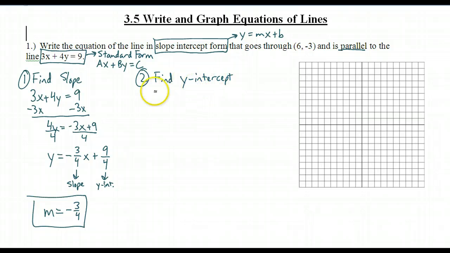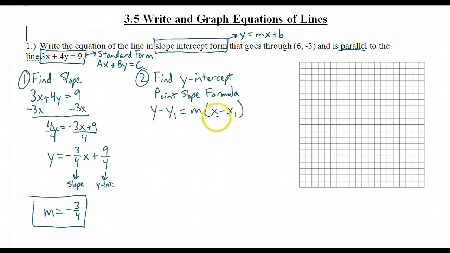One of the ways to find the y-intercept is to use the point-slope formula. The point-slope formula is y minus y1 set equal to m times x minus x1.